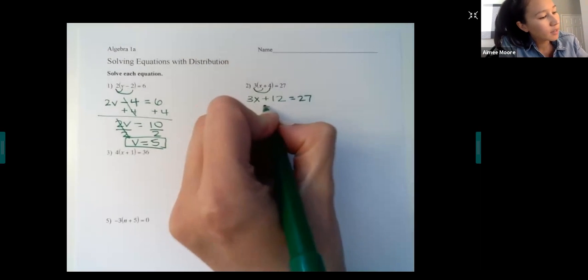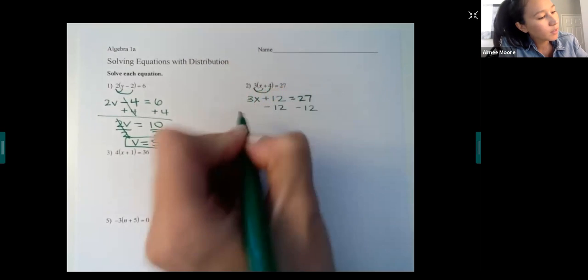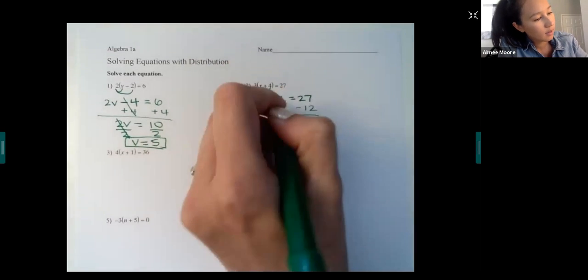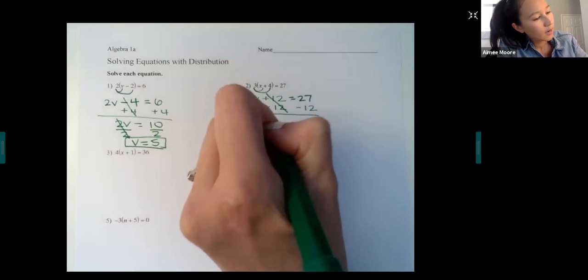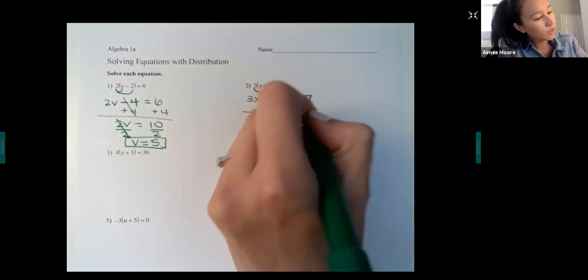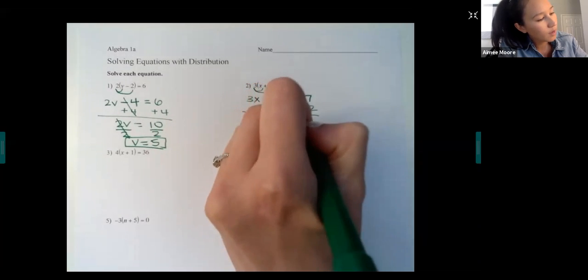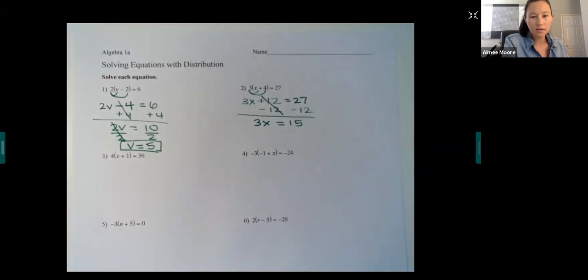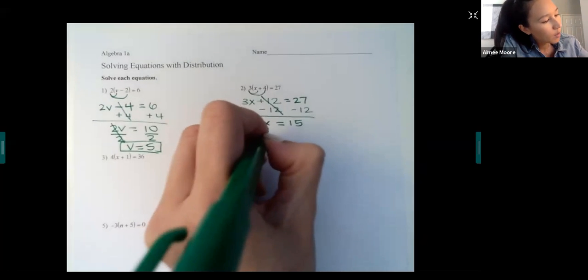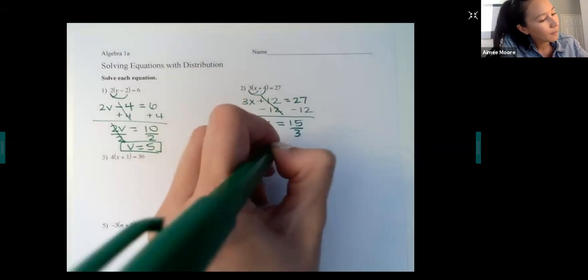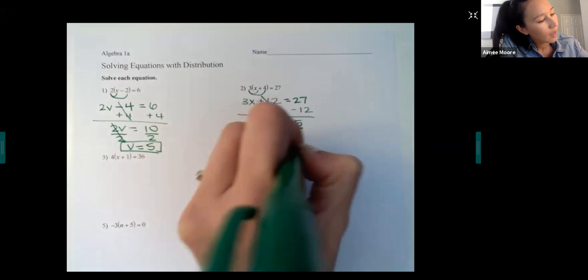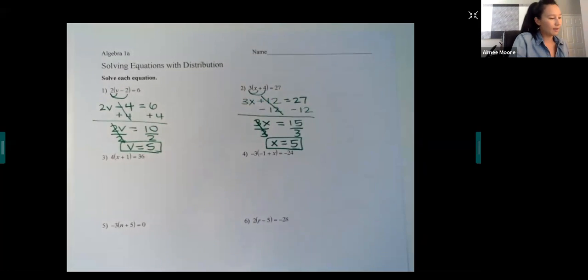Then we get rid of +12 by subtracting 12 from both sides. Bring down our 3x equals 27 minus 12, which is 15. Divide both sides by 3. And x equals 5.